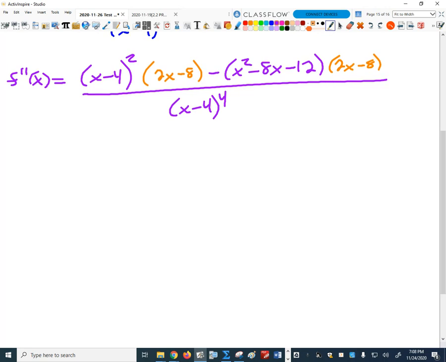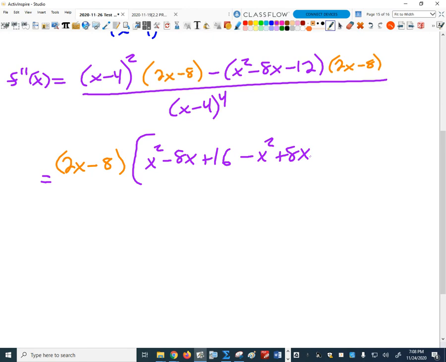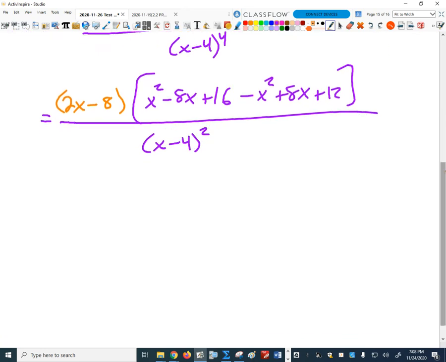Okay, so what can we do? Well, for one thing, let's factor out a 2x minus 8 from each of these two terms. That leaves us with x minus 4 squared, which we already determined was x squared minus 8x plus 16, minus this quantity, x squared plus 8x plus 12, all divided by the quantity x minus 4 to the fourth. So let's factor a 2 out in front.